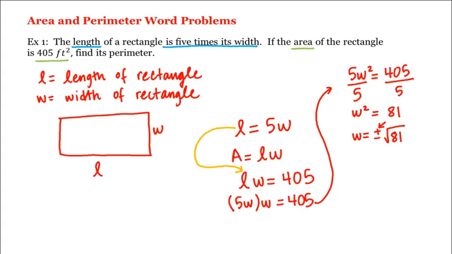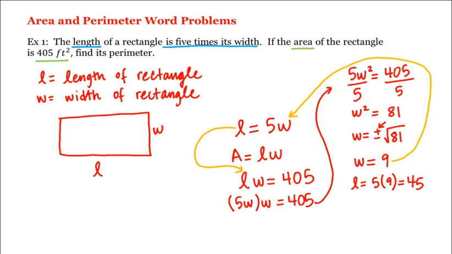So W is positive square root 81, or positive 9. And then we can plug this back in here to give us what L is equal to. That is, L is equal to 5 times 9, or 45.